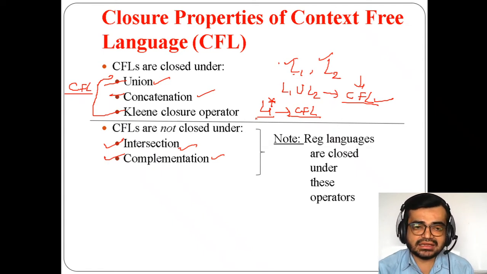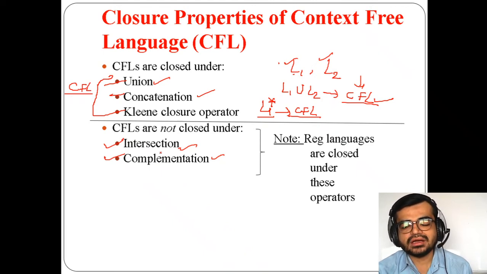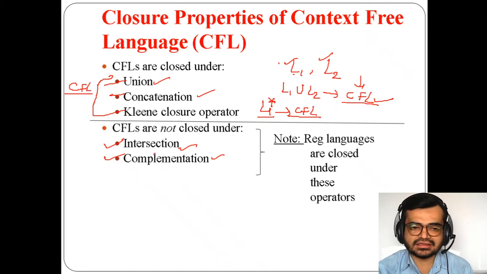That's why we say that context free languages are closed under these properties. But in intersection, sometimes it can be and sometimes it might not be. As it does not satisfy the condition that you get a context free language in all cases, it won't satisfy that property.